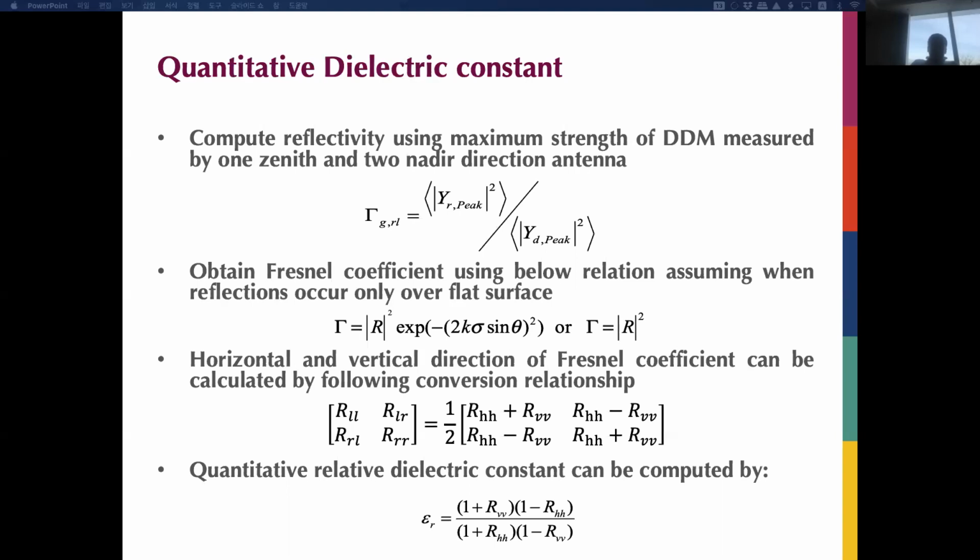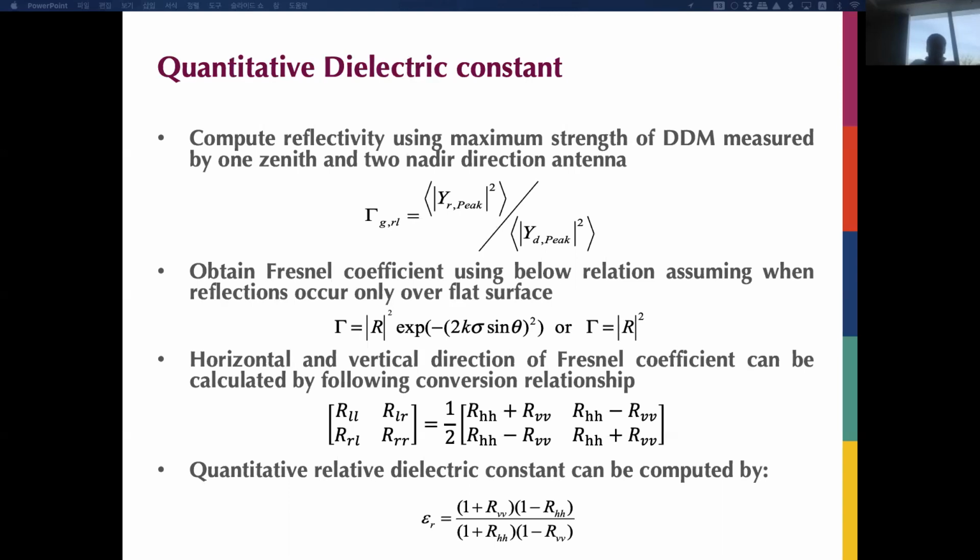But the problem is that the GNSS signal has circular polarization, so we need to transfer this circular polarization to linear polarization.